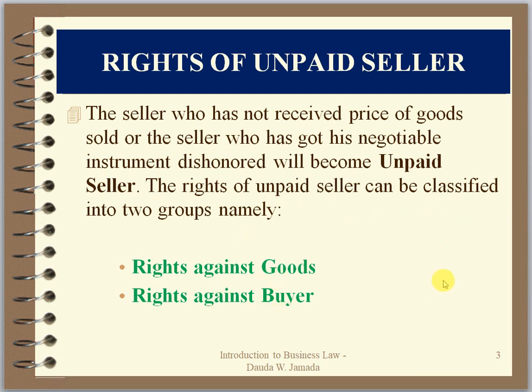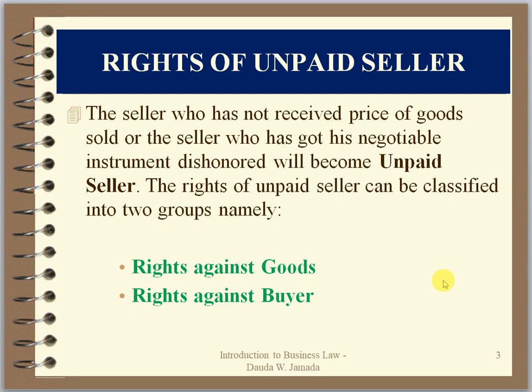So the seller, if at all he has not received the price for the goods sold, then it means that he is an unpaid seller, meaning that somebody has come to his or her business, taken some goods, but has not paid for those particular goods.